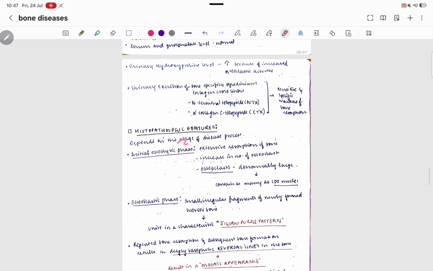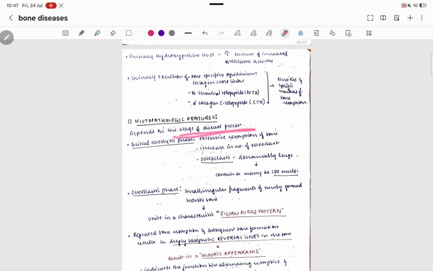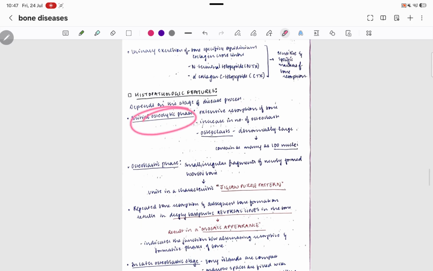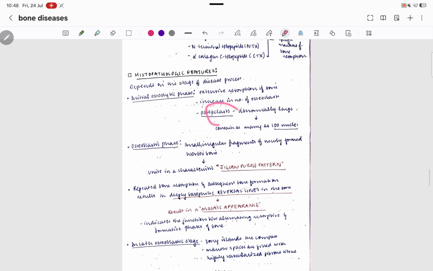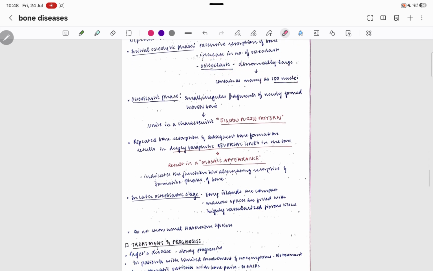Histopathology depends on the stages and disease progression. Initially in the osteoclastic phase, there is extensive resorption because of the osteoclasts, and abnormally large osteoclasts are seen, which may contain as many as 100 nuclei. In the osteoblastic phase, small irregular fragments of newly formed woven bone are seen. They unite in a characteristic jigsaw puzzle pattern.